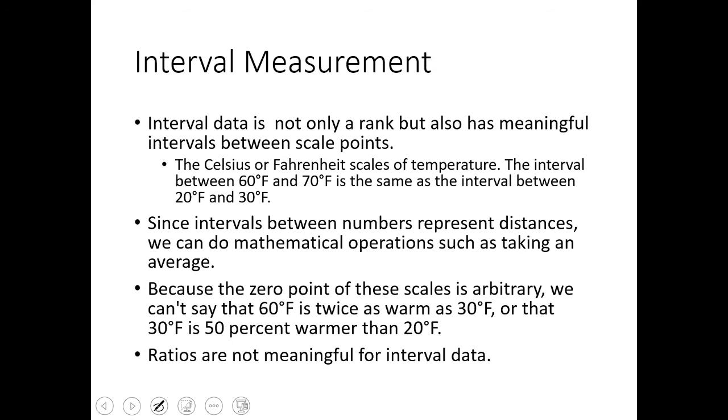But interval measurement says that here is 20 and 30, and here is 60 and 70. Then the interval between 60 and 70 degrees is the same as the interval between 20 and 30. So in this case, we say that it is interval measurement. The intervals between numbers represent distance, so we can do mathematical operations such as taking an average.